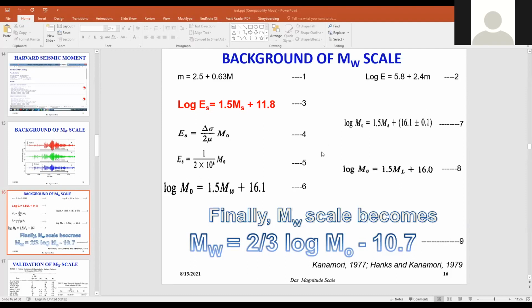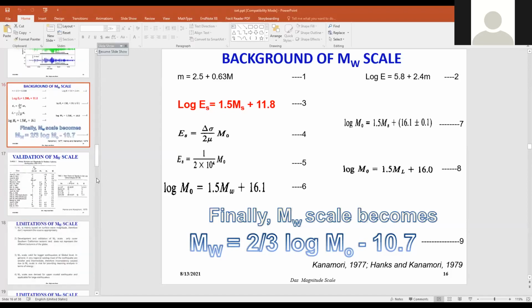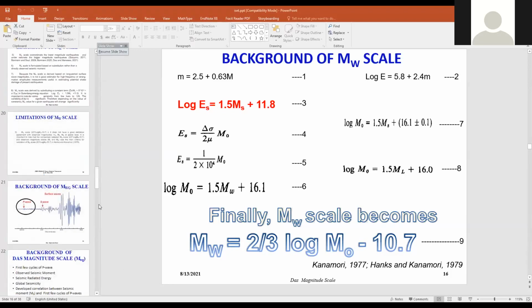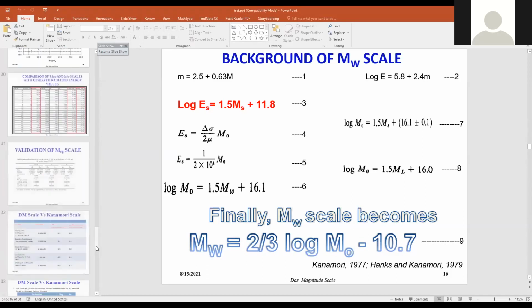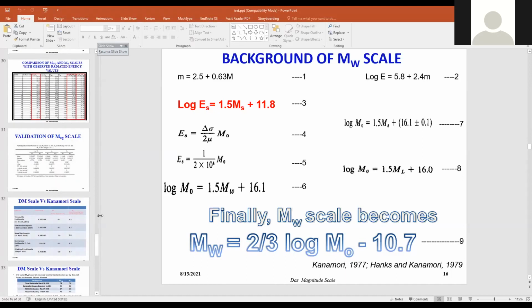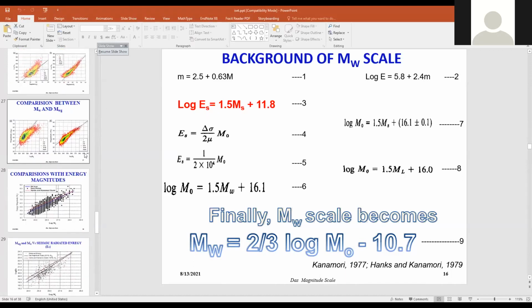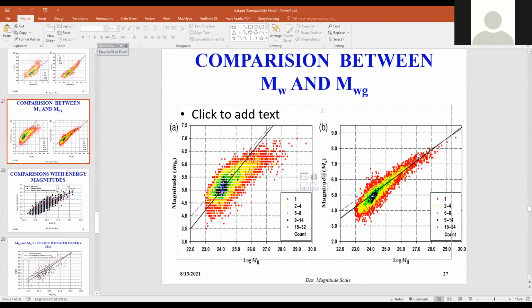The diagrams that you have plotted in log M0 versus M are straight lines, but we can see the plotted data is drop-shaped, elongated, on the 27th slide, and the 26th. My question is, did you use linear regression or non-linear regression?